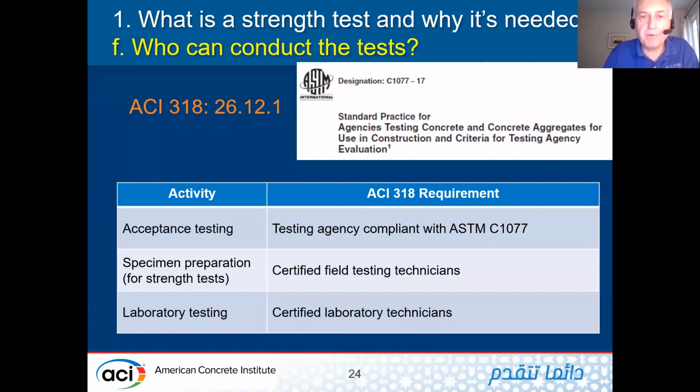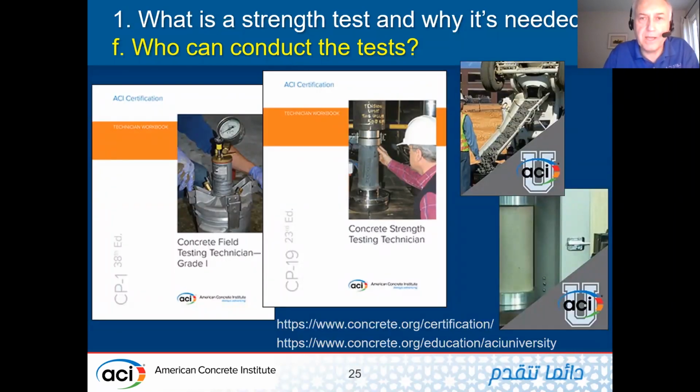The specimen preparation itself for the strength tests has to be made by certified field testing technicians or equivalent, and laboratory testing by certified laboratory technicians. ACI provides those certifications, and ACI local chapters and other organizations can help you out with that certification.